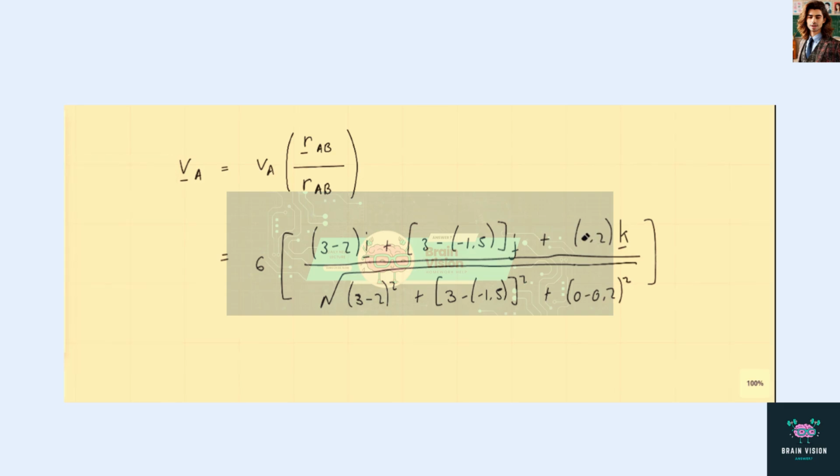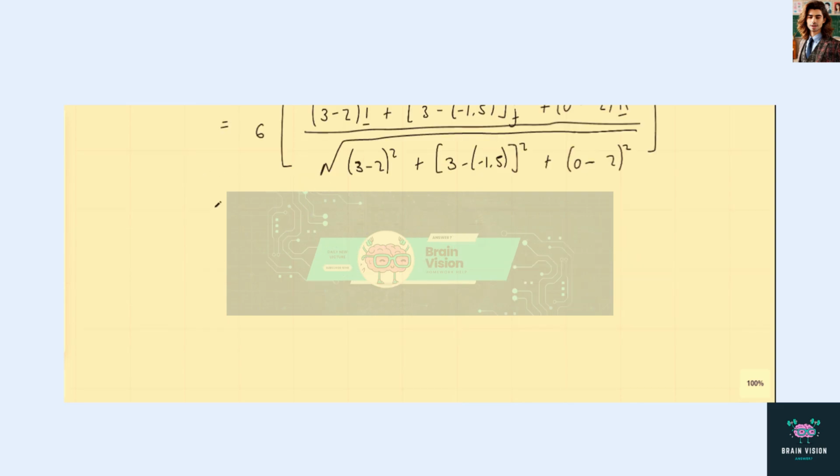This is actually 0 minus 2 and not 0.2. So that's 0 minus 2k hat and (0 minus 2) all squared.